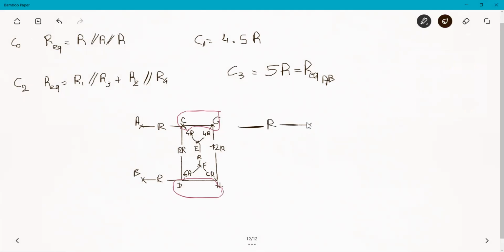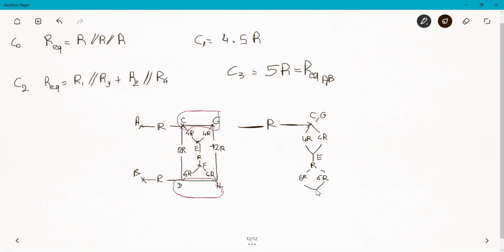So now you have this point, which is now C, comma G. From this point, you have 4R here, 4R there, that meet here at E. Then you have R. Then again 6R, 6R.